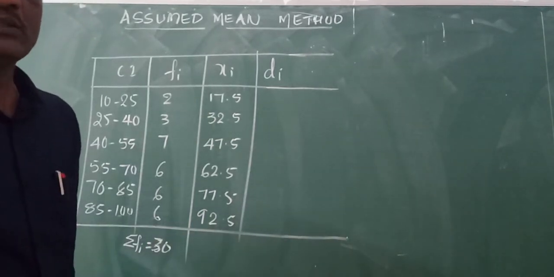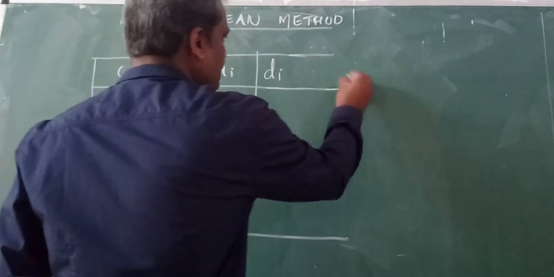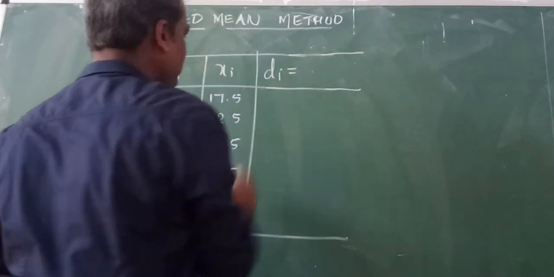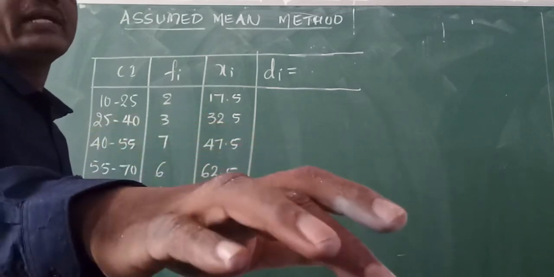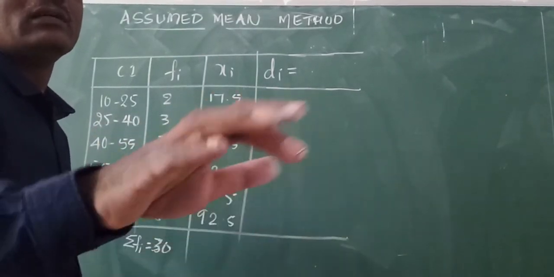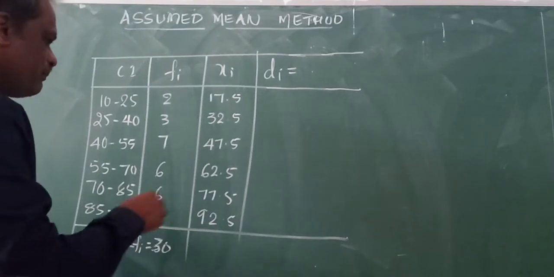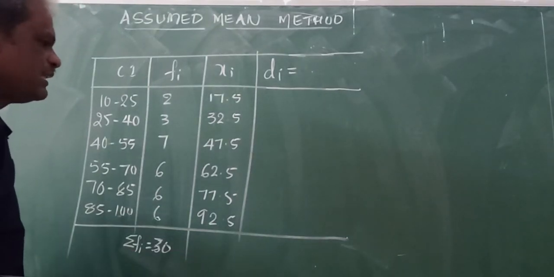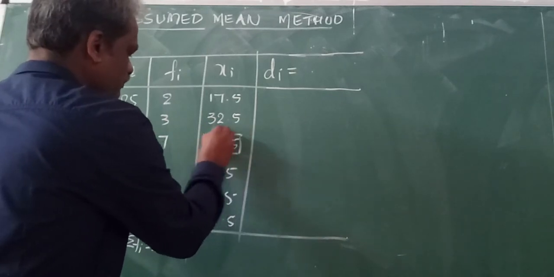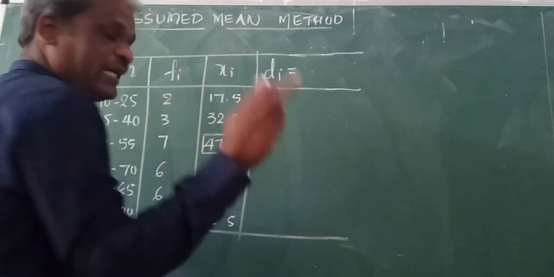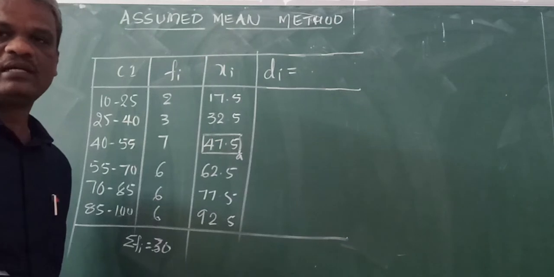Now what you have to do is find the deviations. You are going to assume one number as the assumed mean value. You can take any one among these. Here I am going to consider 47.5 as the mean value. While explaining, I told you 100 as the assumed mean value.